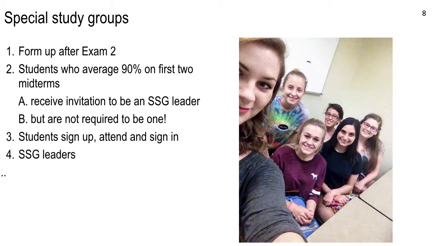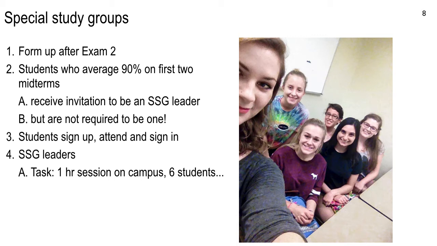Now what the special study group leaders do, they have a 1-hour session on campus somewhere. It could be one of the study rooms at the library, or up in one of the study areas in the student union, or maybe you want to meet at Chick-fil-A, or one of the study rooms at Hercules or over by the arena somewhere.